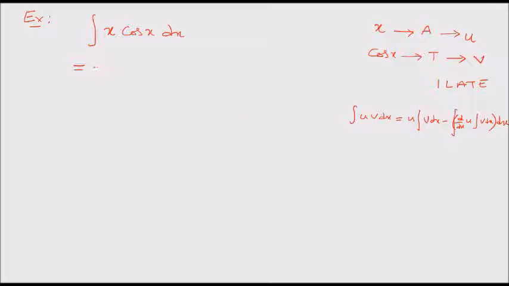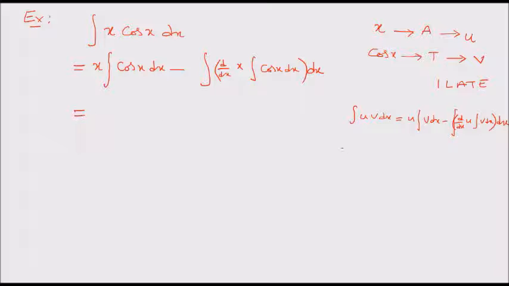How? u is here x, so x integration of v is cos x dx, minus integration of d by dx of x, integration of cos x dx, which is whole dx again.